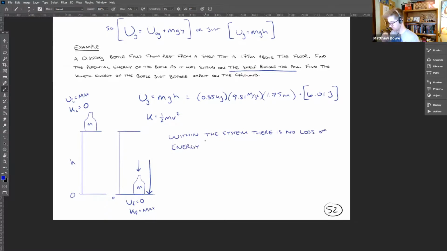Remember what we were saying earlier, that energy is neither created nor destroyed. So the energy is just transferred from one form into another. I'll say all of the potential energy is converted into kinetic energy.